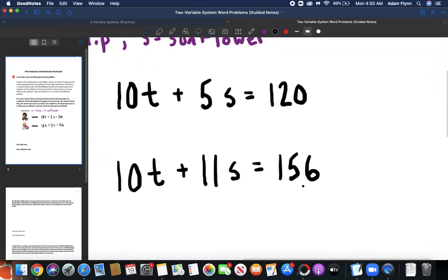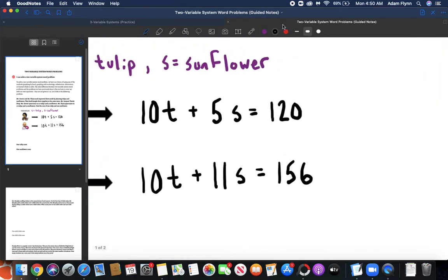If I zoom into these two equations, I am going to pick a variable to eliminate. When I'm picking my variable to eliminate, remember I'm looking for coefficients that are the same number with opposite signs. Taking a look at my t's, I've got 10t and 10t.